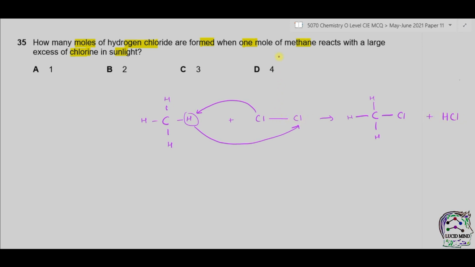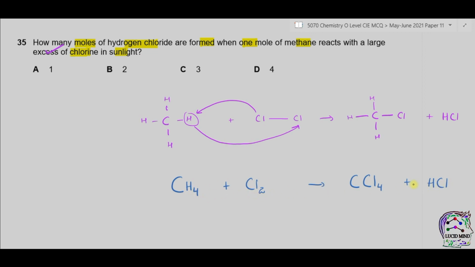When chlorine is in excess, then all hydrogen atoms will be converted into chlorine atoms. So for that we can write the chemical equation. We have CH4, methane, chlorine, all hydrogen replaced by chlorine, so it will form CCl4 along with HCl. Now we can balance this equation.